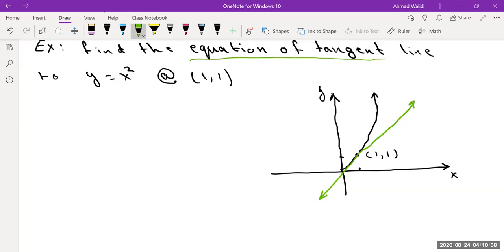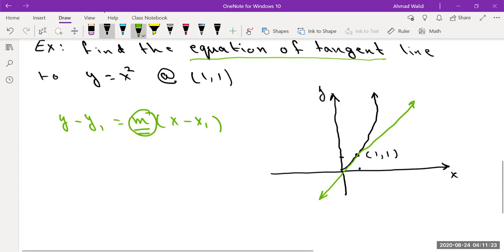My goal is to write the equation of the tangent line, and that part is easy. You have a formula: y minus y1 equals m times x minus x1. If I know the slope, of course I have x1 and y1. But the problem is to first find the slope, right?